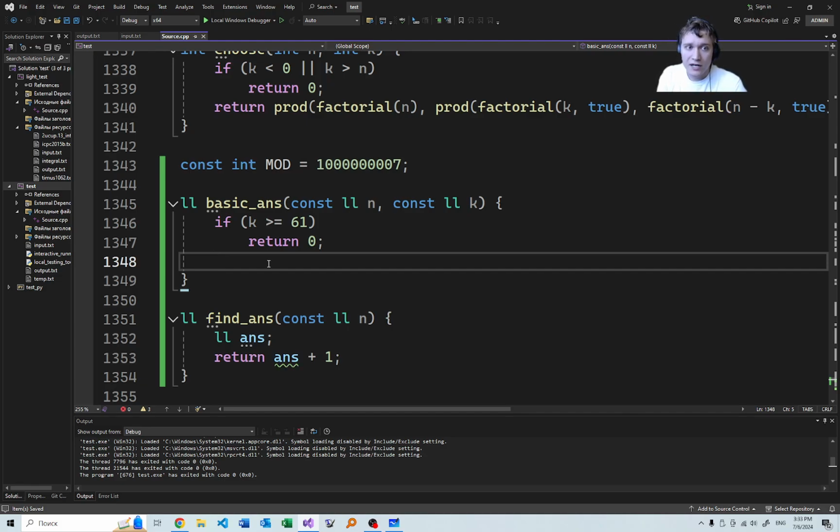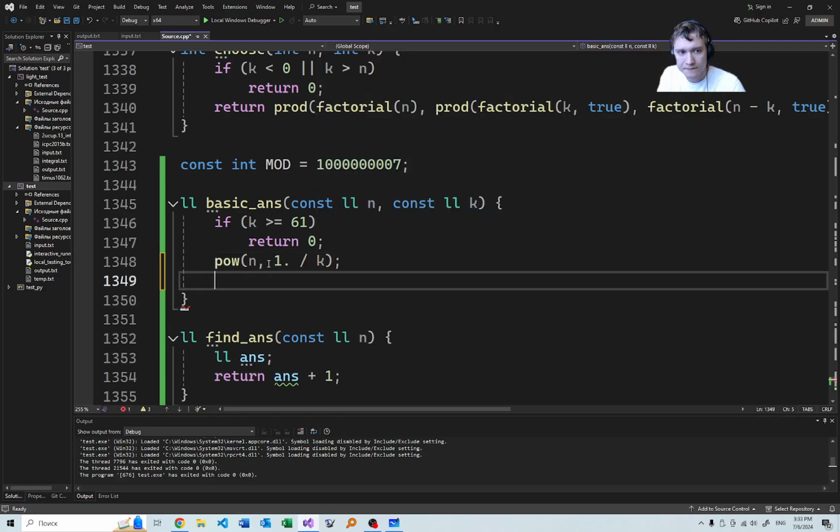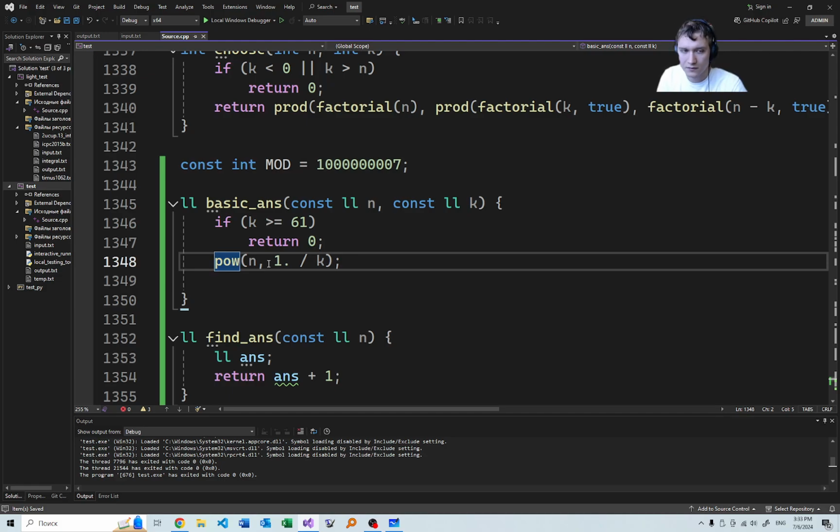Then I suggest the following. So let's take n to the power of 1 over k.